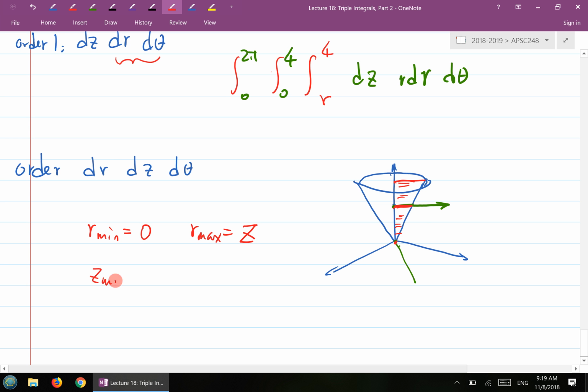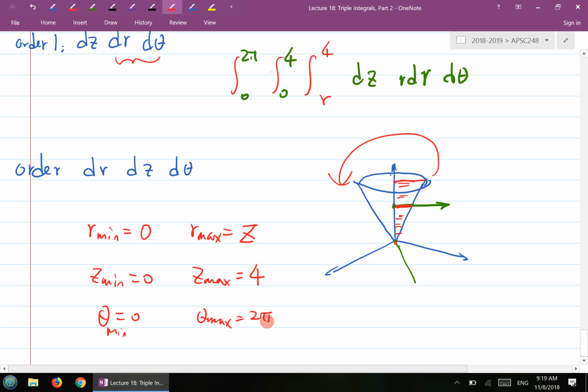So your z min must be 0 and your z max must be 4. And the last step, you're going to print in the theta direction. Basically rotate this half triangle here 360 degrees. Theta min is 0 and theta max is 2 pi. So you create an object covering all the edges, all the corners of region D.